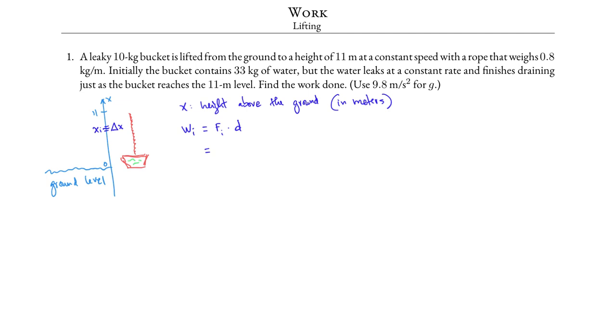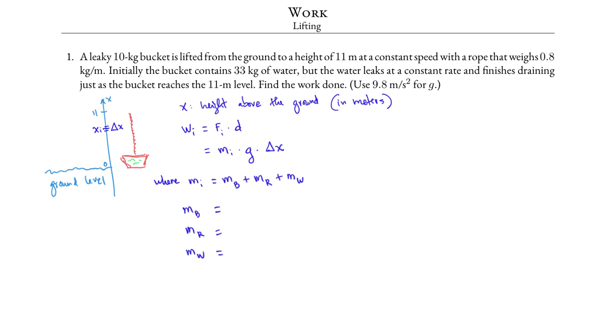The distance is delta x, and the force is the mass times the acceleration, which is the gravity. The mass at any level xi is the mass of the bucket plus the mass of the rope plus the mass of the water remaining.